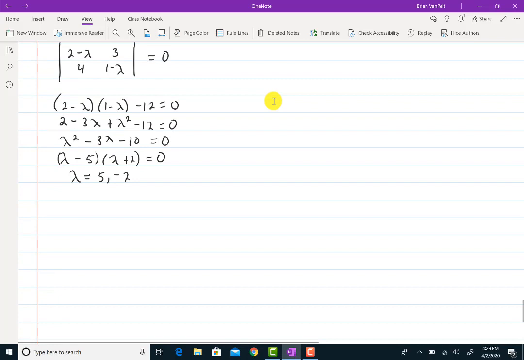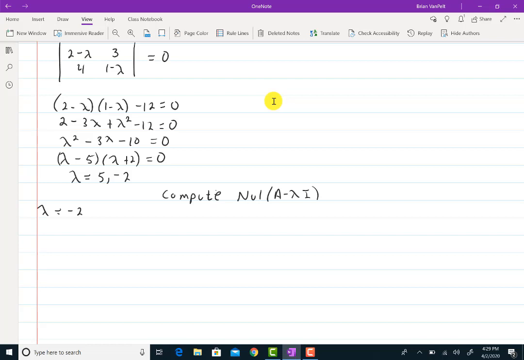Let's start with the smaller one, lambda equals -2. So remember, what we're trying to do is find the null space of A minus lambda I. This is what you do after you get your lambdas.